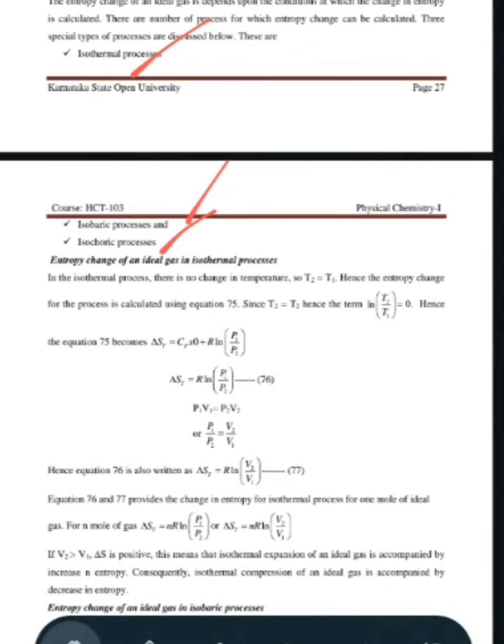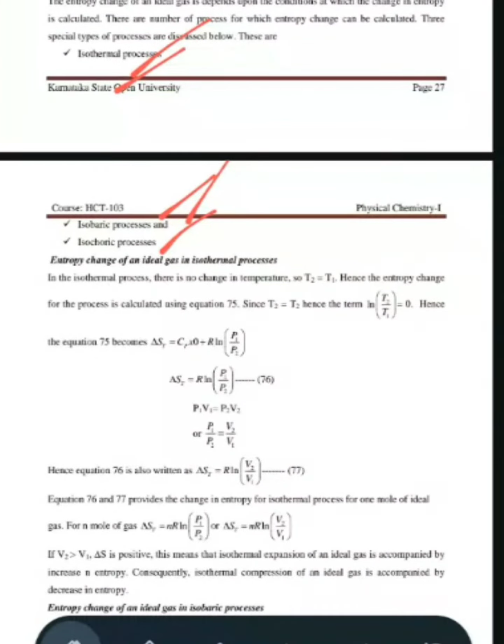Whatever the entropy changes taking place inside the system, the randomness taking place inside the system, it can be studied by varying different processes. That is isothermal, where temperature is kept constant, isobaric process where pressure is kept constant, and also isochoric process where the volume is kept constant.